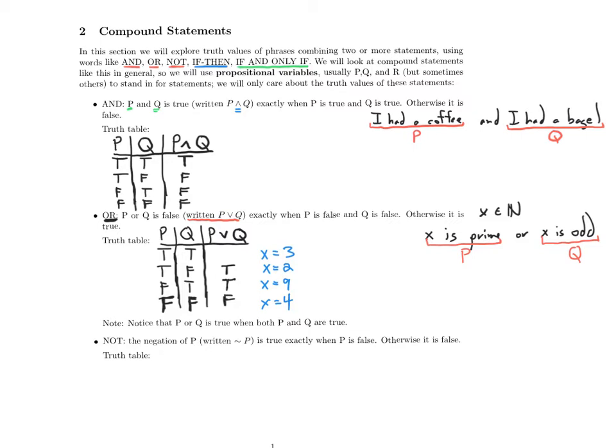And in math, we found it a little bit easier to make or true when both P and Q are true. So with or, it's related to and, of course, but it's kind of its opposite in a way. And was only true when both P and Q were true. Or is only false when P and Q are false.